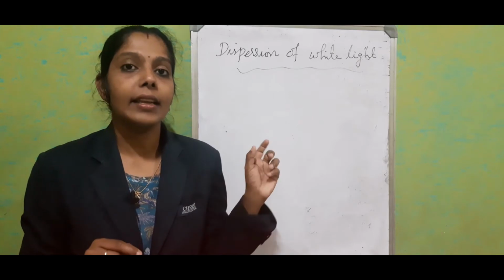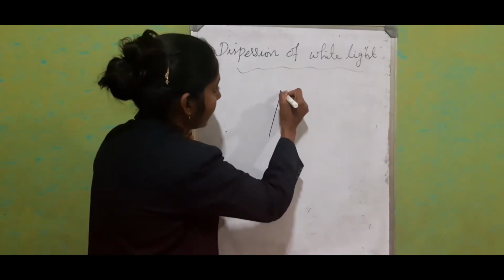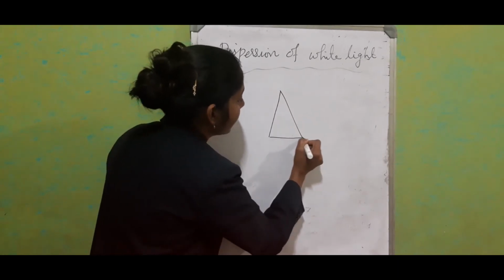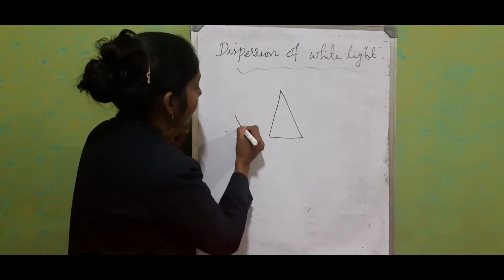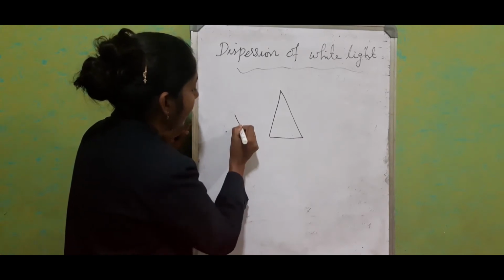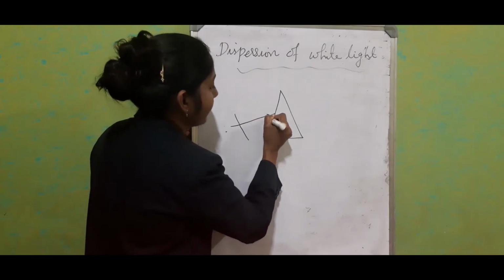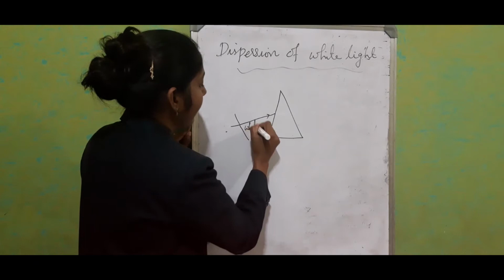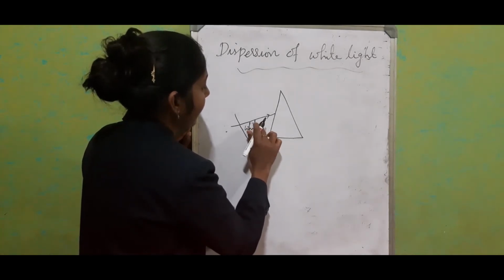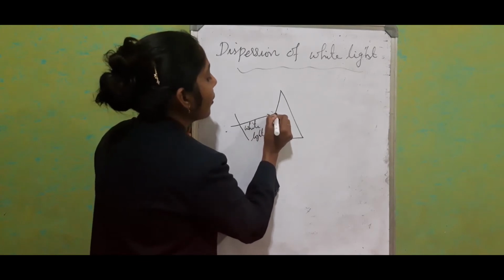Let's see how we can draw the figure. Here, this is the prism, with the base and the 2 edges. Here he made a setup and allowed the white light to enter. These are white light. Then here we have to draw the normal.